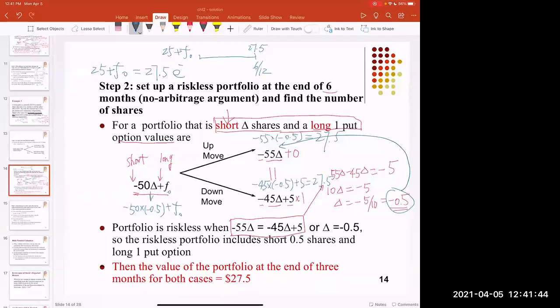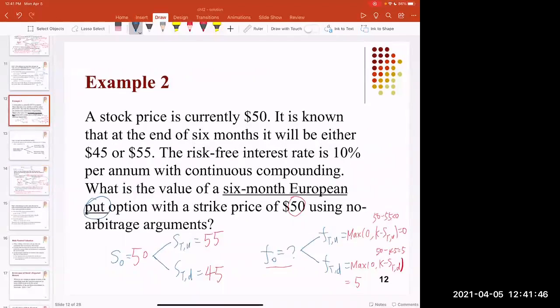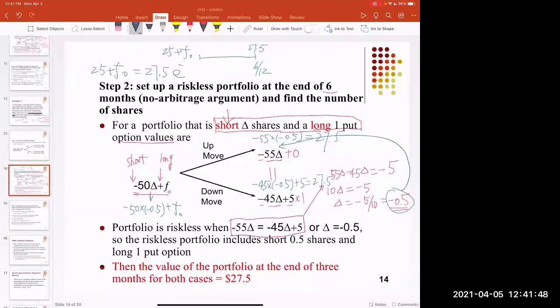What's the interest rate? Interest rate 10%, so negative 0.1 times 6 over 12 for 6 months. Can you calculate the present value of the expected payoff, which is the right-hand side of the equation?